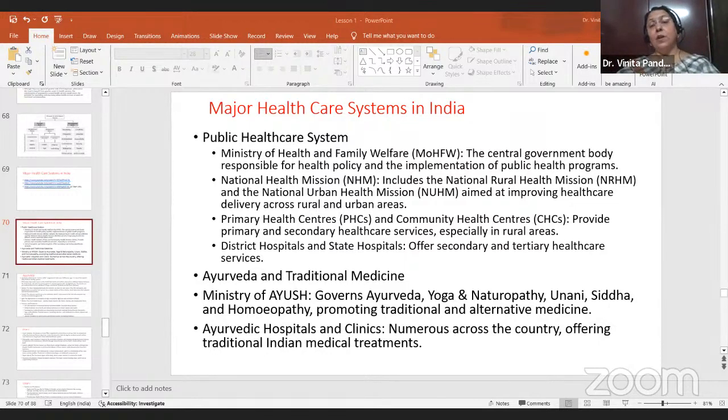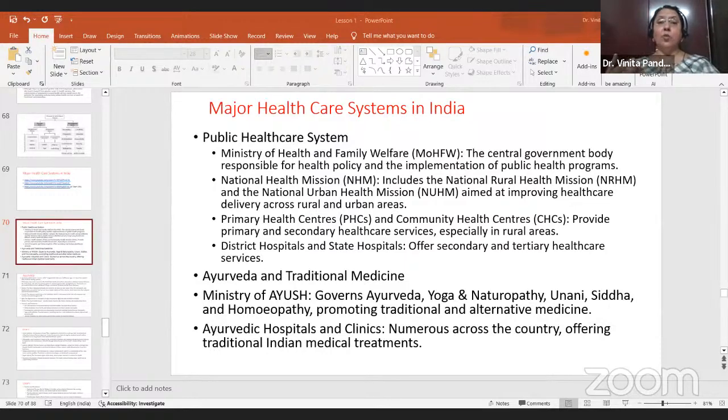And yoga, we all are familiar. In the past few years, and especially during COVID, a lot of awareness was spread because various yogic exercises and breathing exercises became very important for building immunity, developing flexibility in our body, and a very good way of exercising the internal organs of the body.